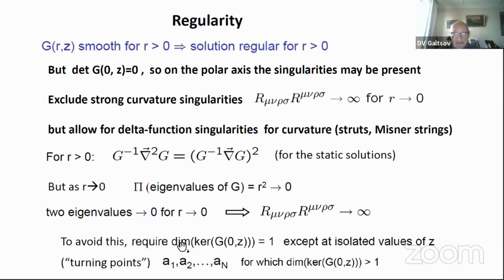The requirement is that the dimension of the kernel is one, so the solution is unique, except for several isolated points on the axis, which are called turning points. We can enumerate them, and in those points, the solution is really singular.